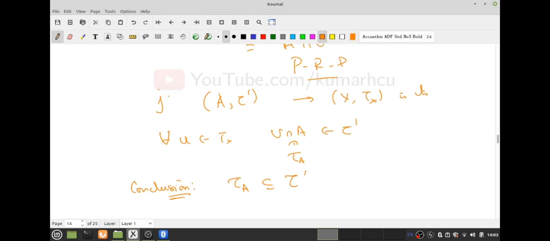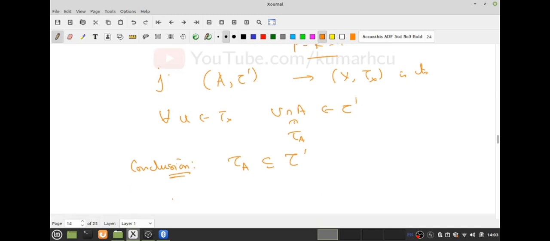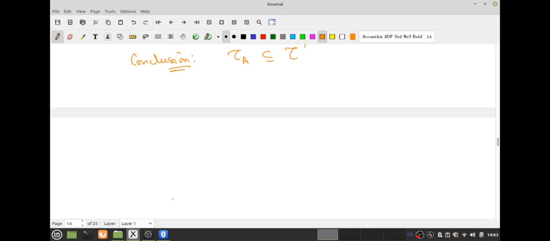That means among all topologies tau dash on A which make this inclusion map continuous, tau_A is the smallest, because every tau dash which makes J continuous contains tau_A. Now, do I know this is continuous? The next question is whether this is continuous.